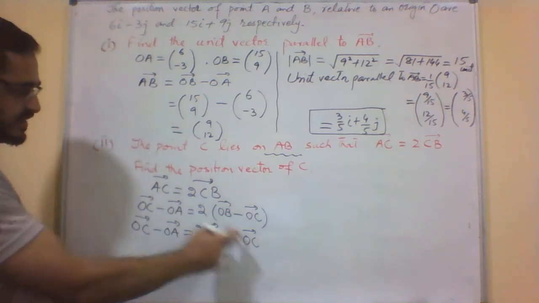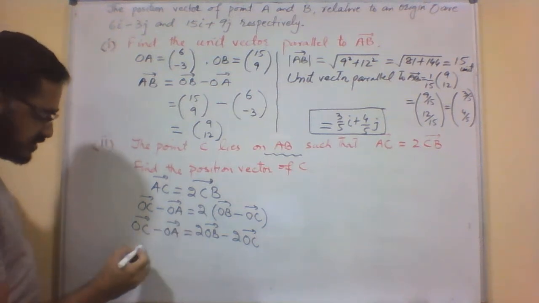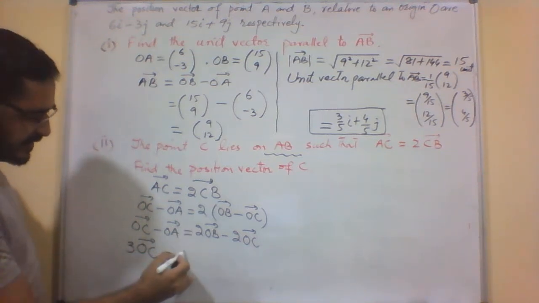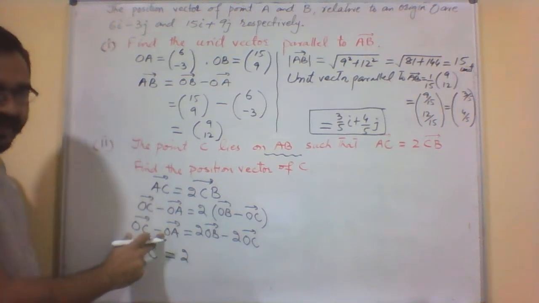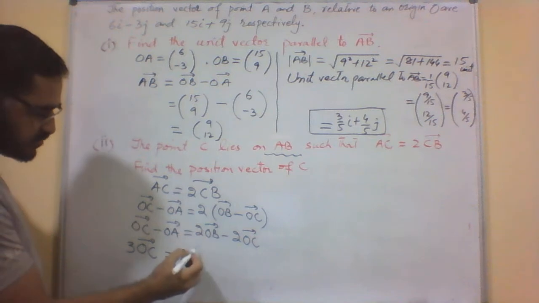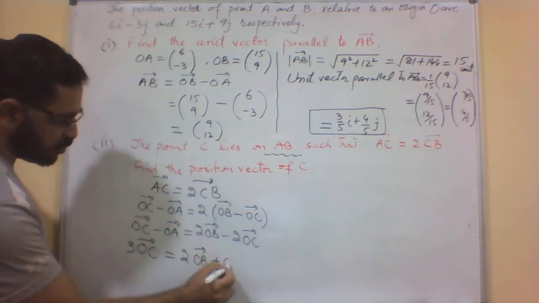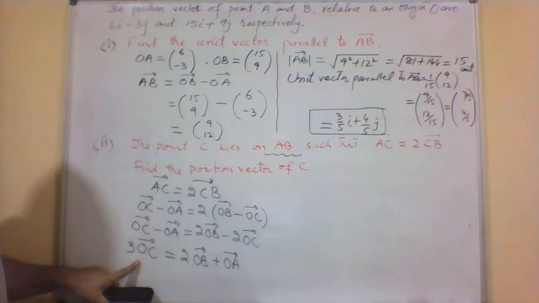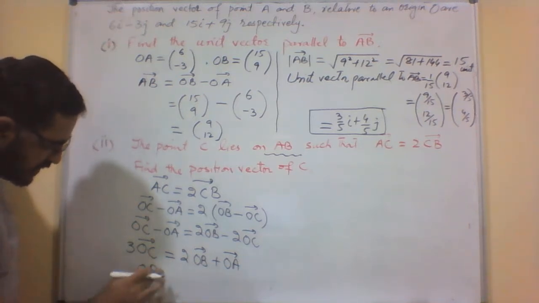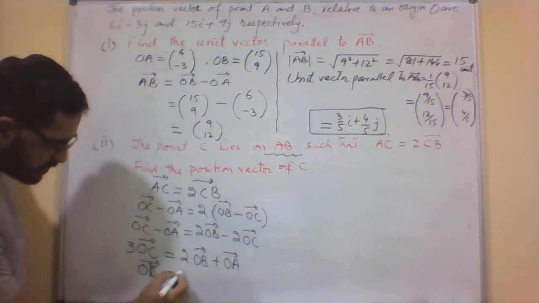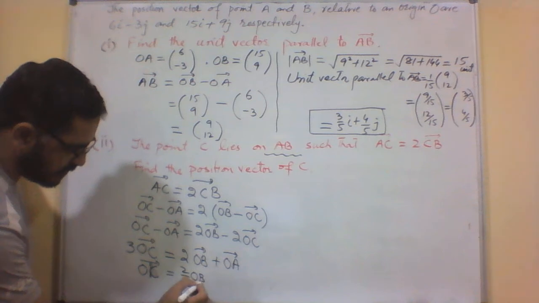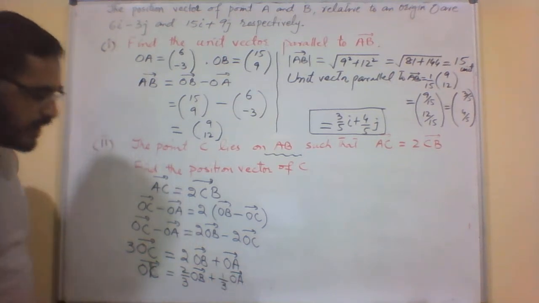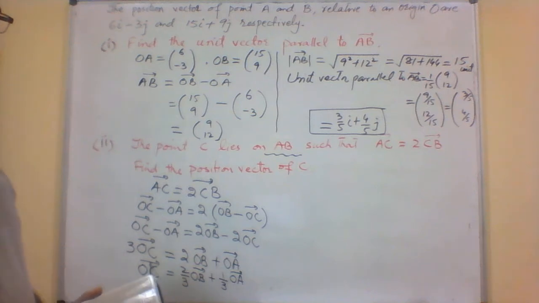After further simplification, OC minus OA equals 2OB minus 2OC. Moving terms, OC plus 2OC is 3OC, and on the other side OA is added, so 3OC equals 2OB plus OA. Dividing by 3, OC is equal to 2 by 3 OB plus 1 by 3 OA.